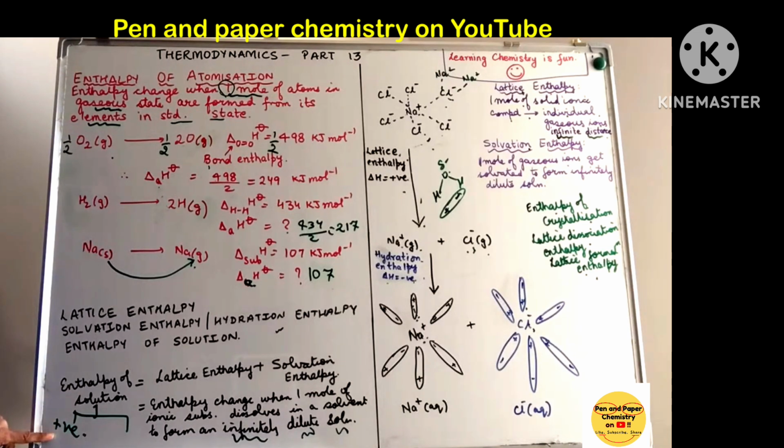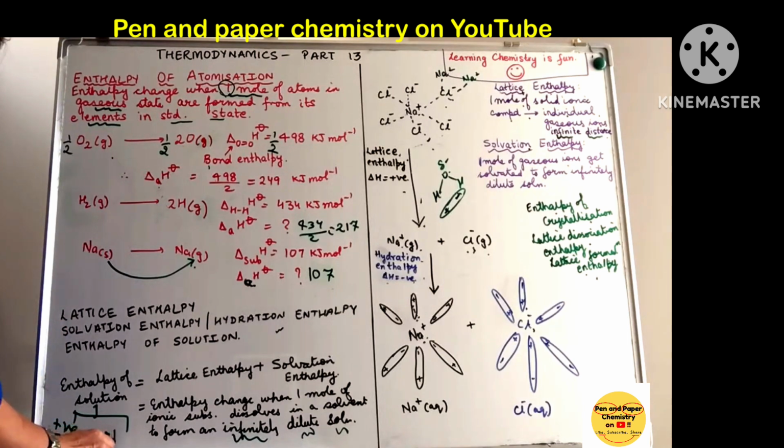If your enthalpy of solution is positive, that means it's an endothermic process. In other words, heat is being absorbed over here. The amount of heat absorbed is more than the amount of heat given out. Then your test tube will become cooler. That means it's an endothermic process.